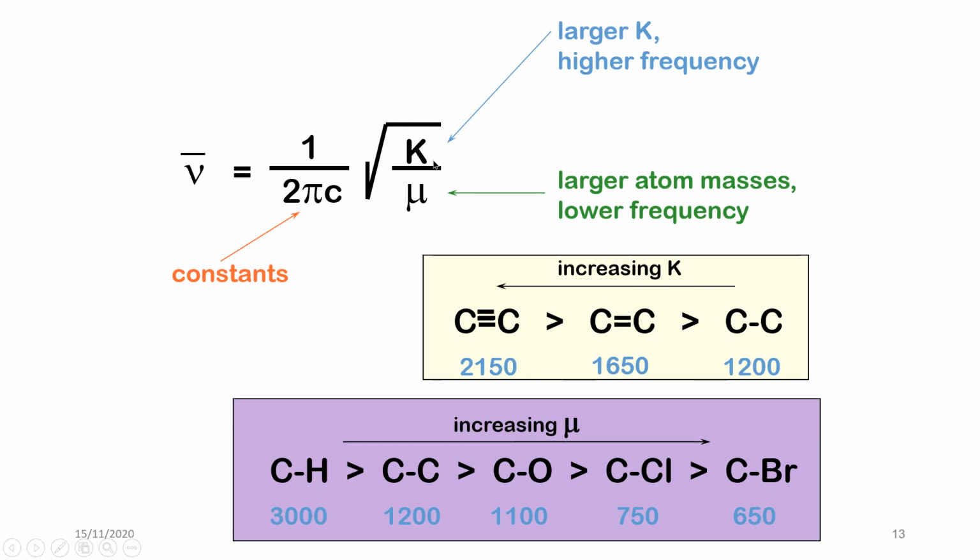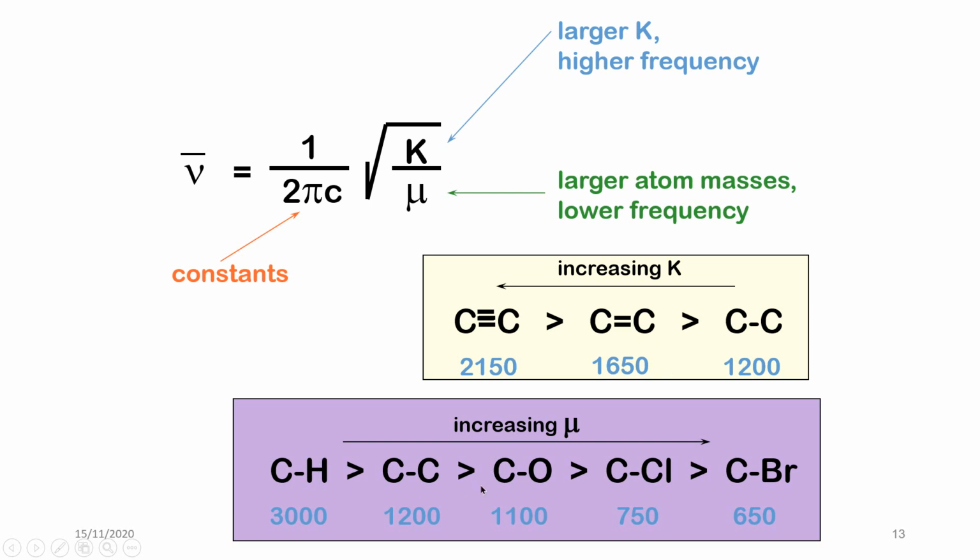As the force constant increases, as the strength of the bond increases, the wave number absorbed will increase. Similarly, as the reduced mass mu increases, there is a decrease in the frequency. You can see here, in the case of triple bond, double bond and single bond, the strength of the bond increases from single to double to triple bond, hence the wave number absorbed will also increase.